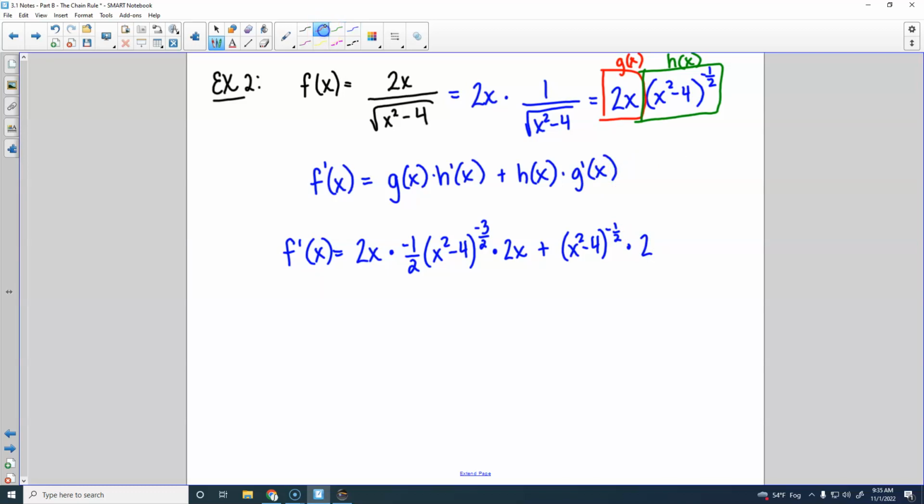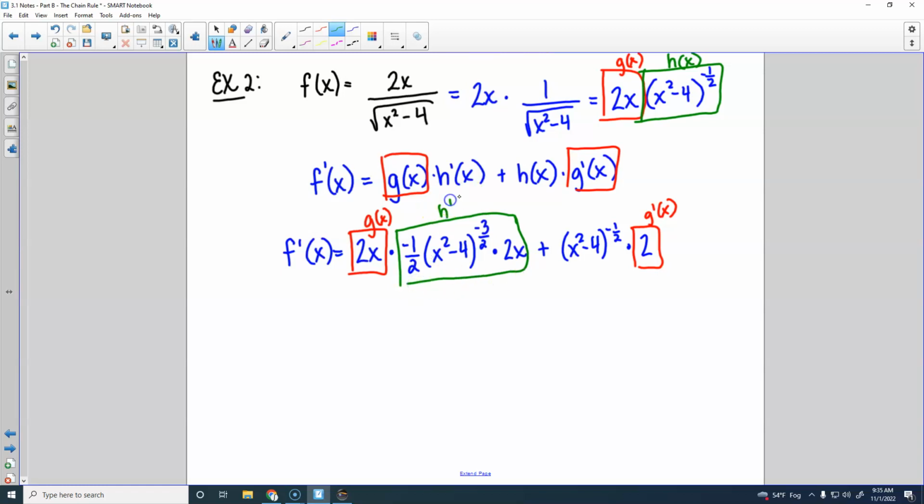Okay, so I'm gonna label these so we all know where everything's coming from. This is g of x. This is g prime of x. And then all of this stuff right here, that's your h prime of x. That's where we had to use that chain rule.